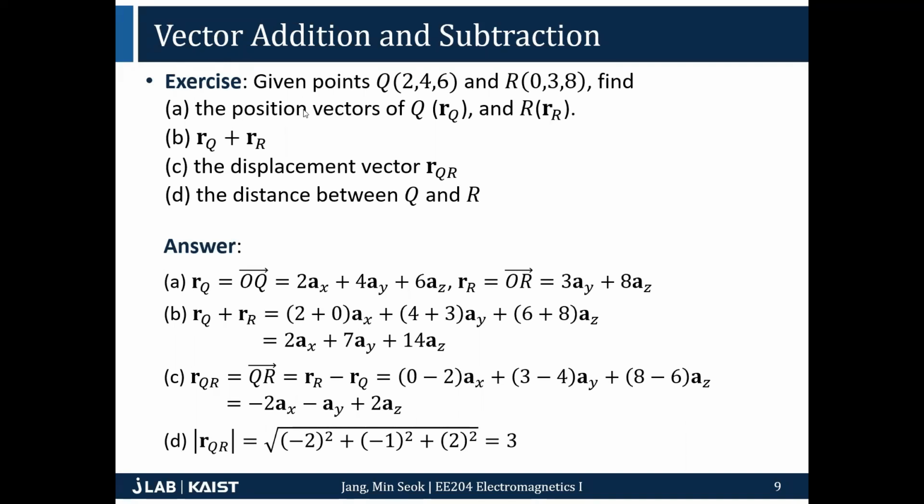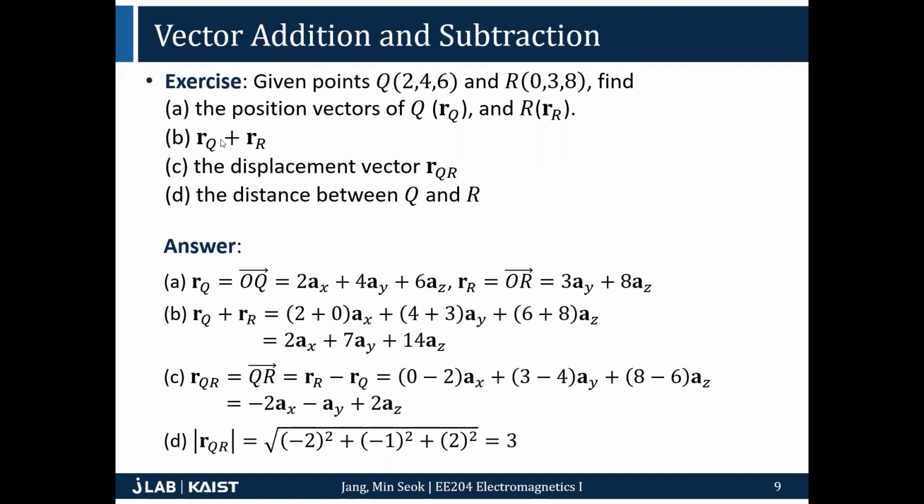The position vector means the vector connecting the origin and the point. The point itself only has coordinate numbers, but as you make it into a vector, your position vector is just OQ or OR.